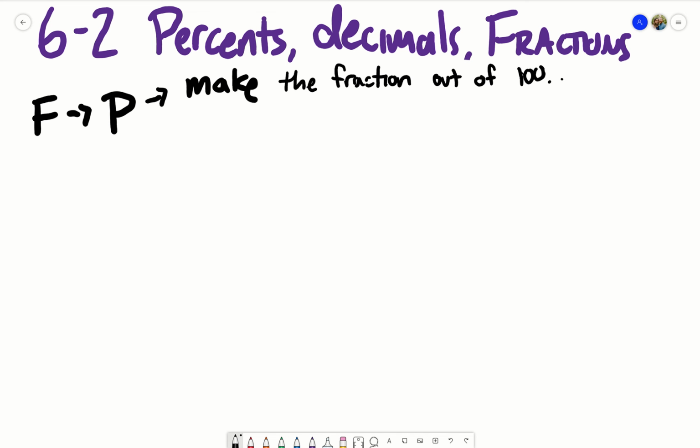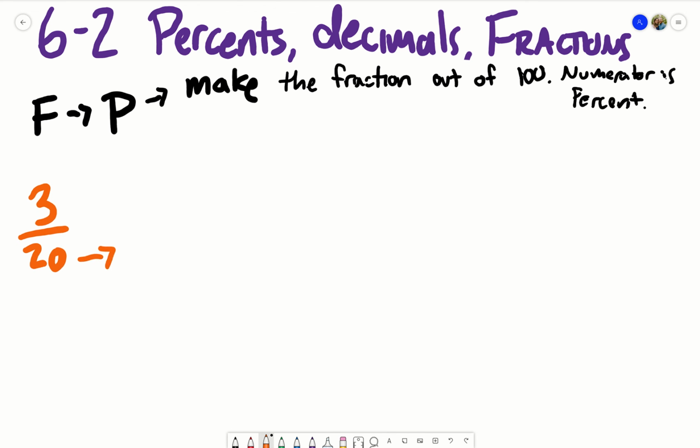And in this situation, the numerator is the percent. Okay, so remember, all percents are fractions out of 100. So if my fraction can become out of 100, then my numerator would be the percent. So if I had something like, let's say 3/20. Well, can I get from 20 to 100?